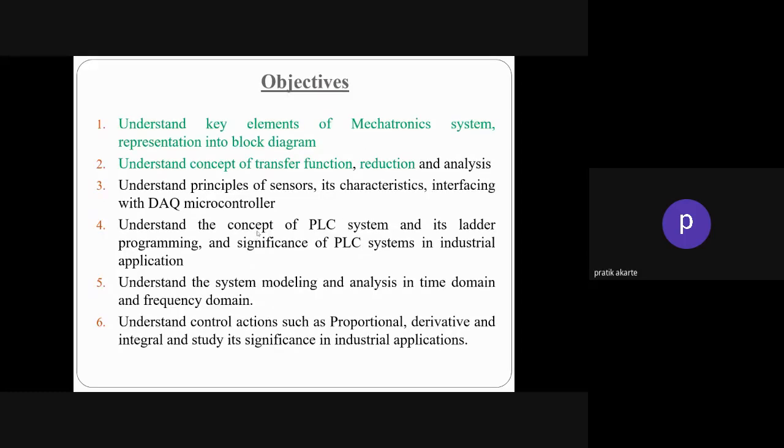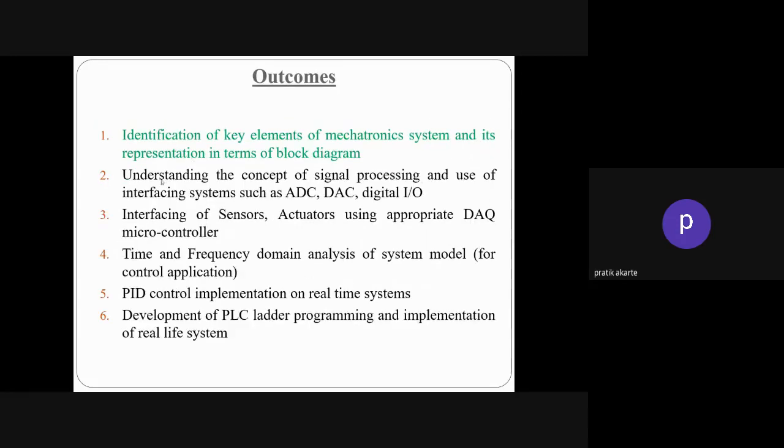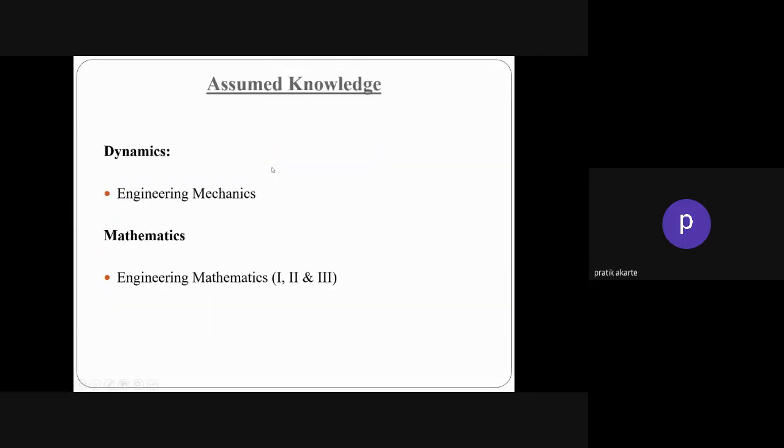The objective of this unit is to understand the key elements of mechatronic system and represent it into the block diagram form and understand the concept of transfer function, and you must be able to reduce the block diagram. The outcomes will be identification of mechatronic system and representation into block diagram form.